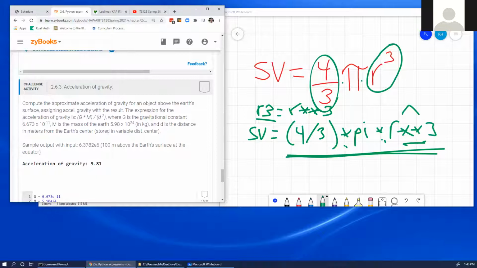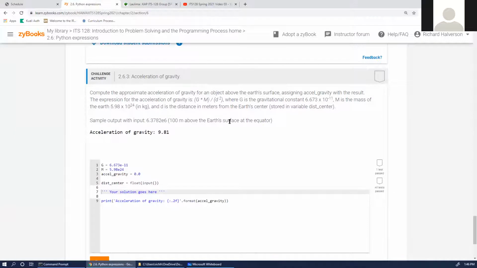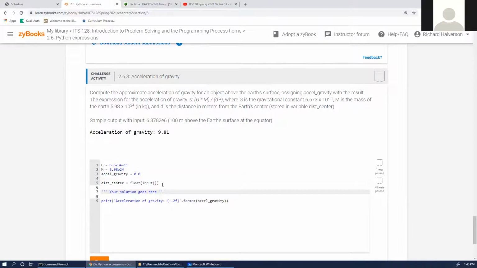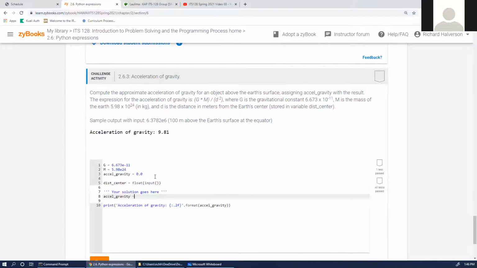Acceleration of gravity. Compute the approximate acceleration of gravity for an object above the Earth's surface, assigning this the result. So we have this thing, and we're going to put an expression here. I'm going to copy this, and I'm going to put it here, paste, and that's going to equal something.